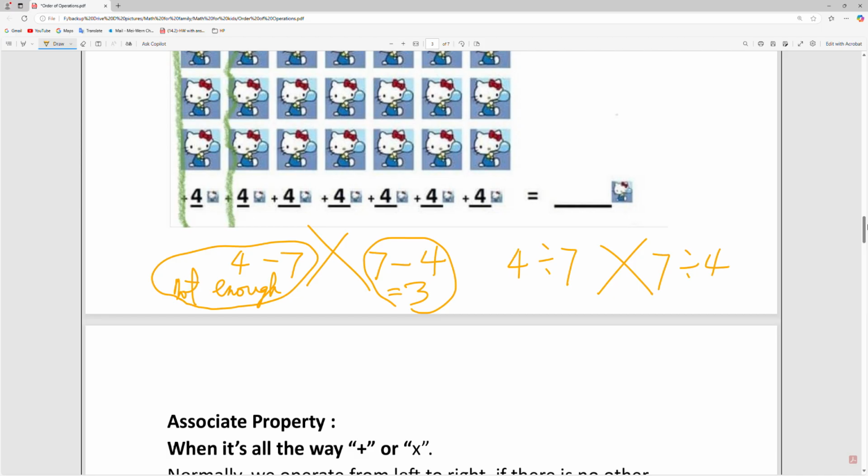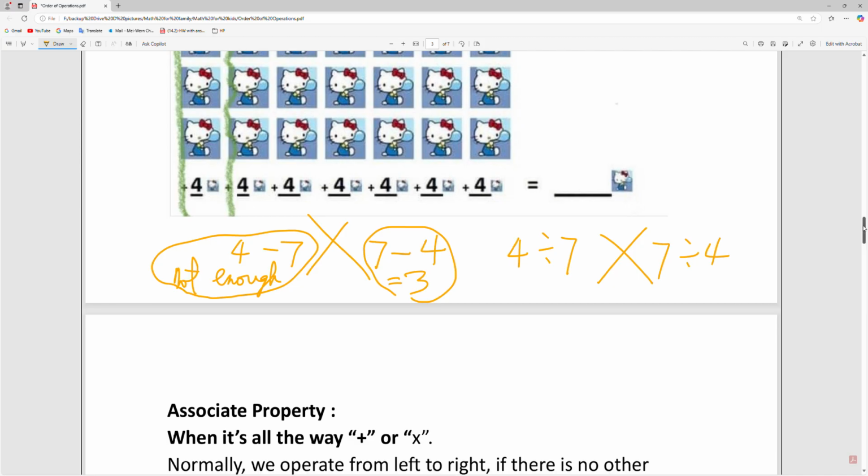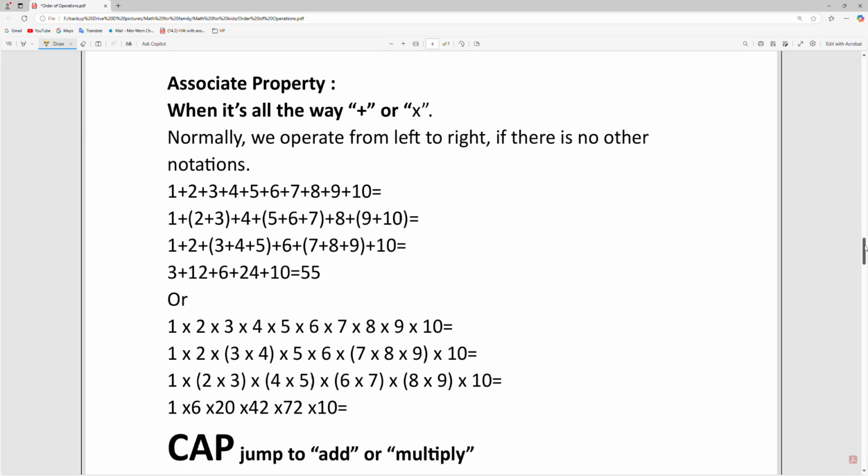Okay, so again, the commutative property is only good for addition and multiplication, not good for subtraction and division. Same thing when we talk about the associative property. It's only good for all addition, so don't mix addition with multiplication.